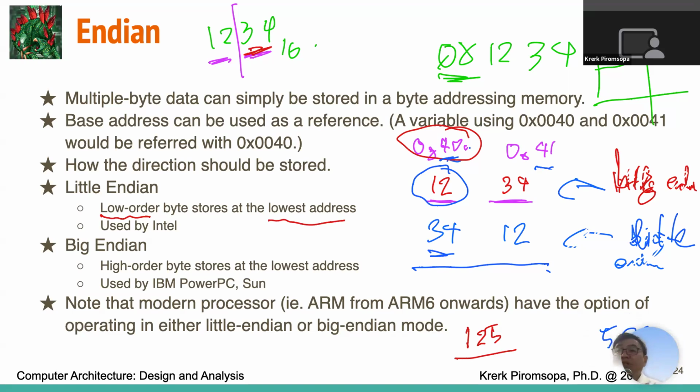I'm not saying which one is good or bad because it's a trade-off. Why is it a trade-off? Because when you add two numbers together, usually you start from the least significant and put the carry on, and do the more significant. Right? When you add numbers, you add from the least significant digit to the most. So on Intel, the first byte that you read, you can do the calculation right away.